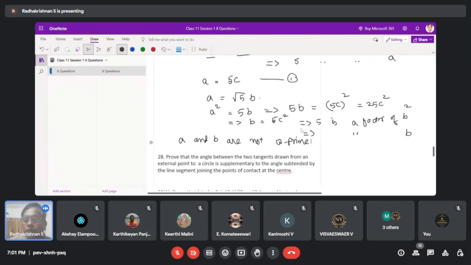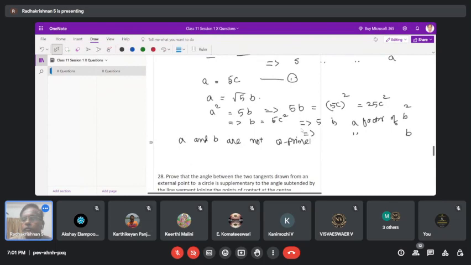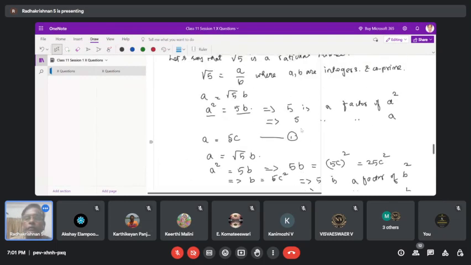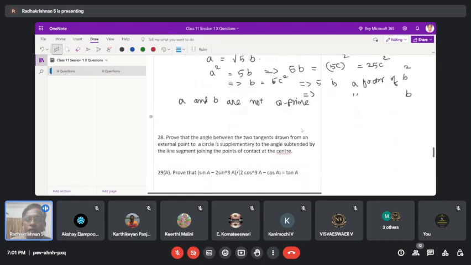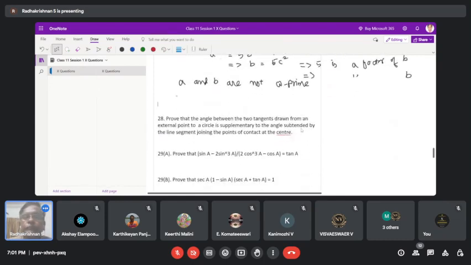Because of this contradiction, whatever we assumed for root 5 equal to a by b, this hypothesis is incorrect because it leads to a contradiction. Hence our assumption that root 5 equals a by b is incorrect. Hence we can say that root 5 is irrational.